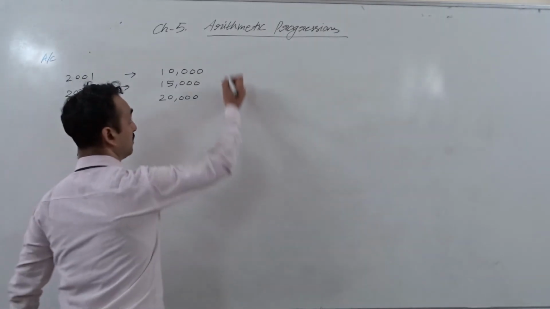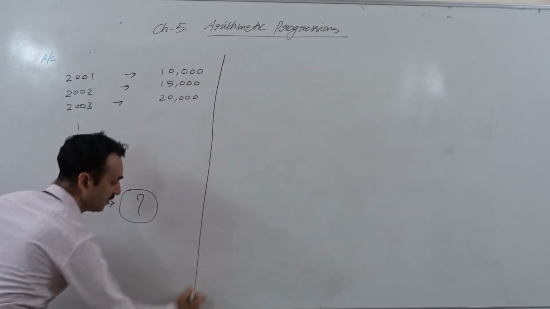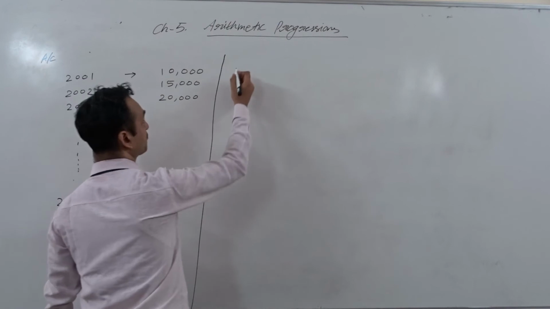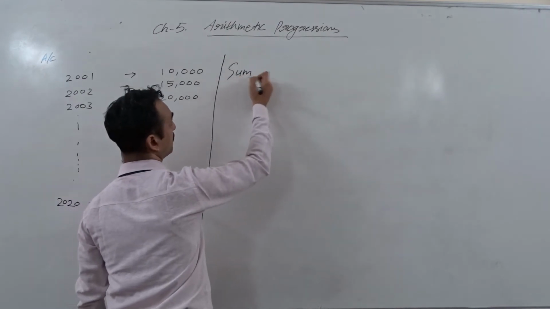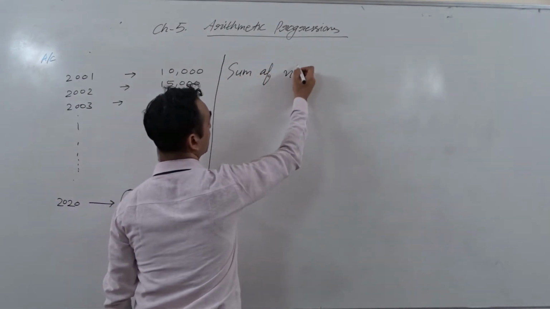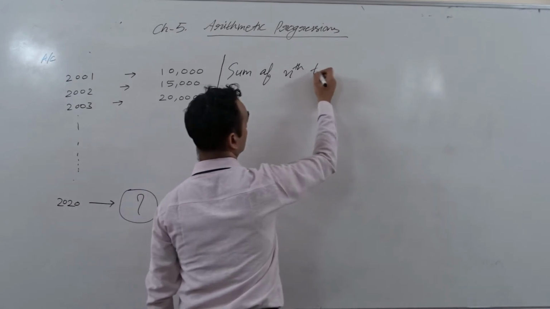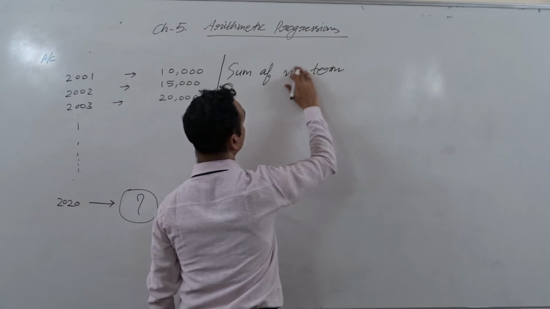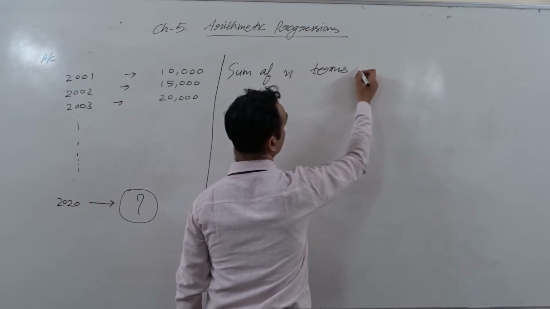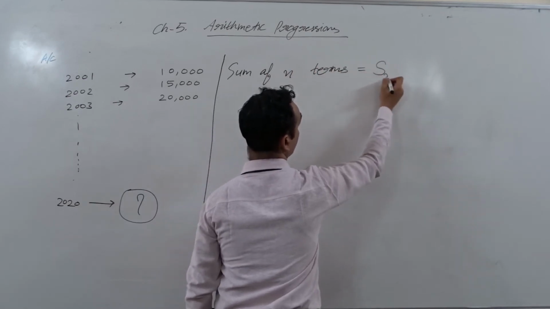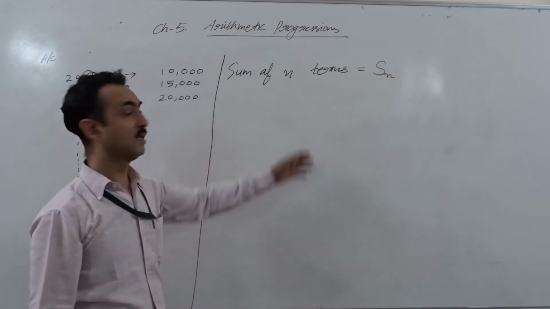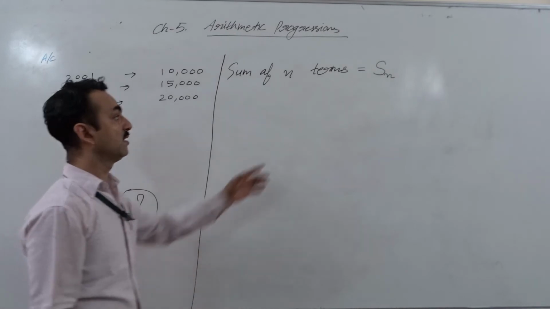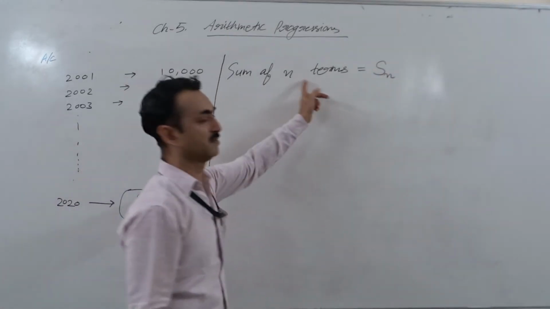Okay? So I am explaining on this side of the board. First of all, the sum of n terms is equal to Sn. What is it called? Sn. S for sum and n means n terms.